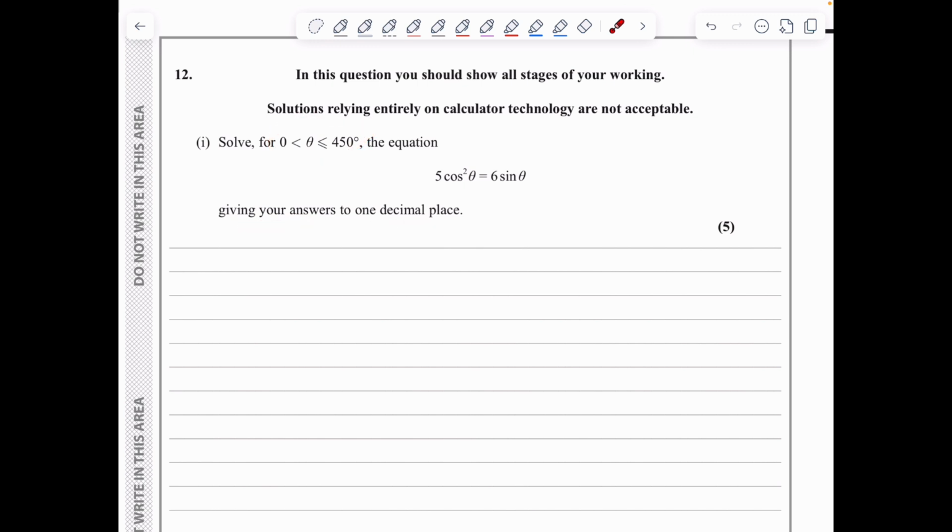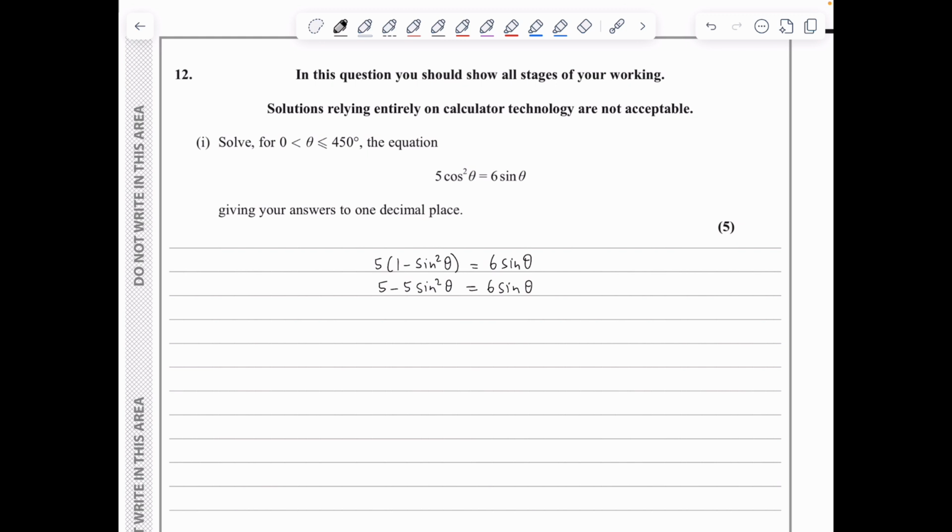Now the first thing to do is write cos squared as 1 minus sine squared. So we're looking at 5 times 1 minus sine squared theta being equal to 6 sine theta. I will expand to get 5 minus 5 sine squared theta is equal to 6 sine theta.